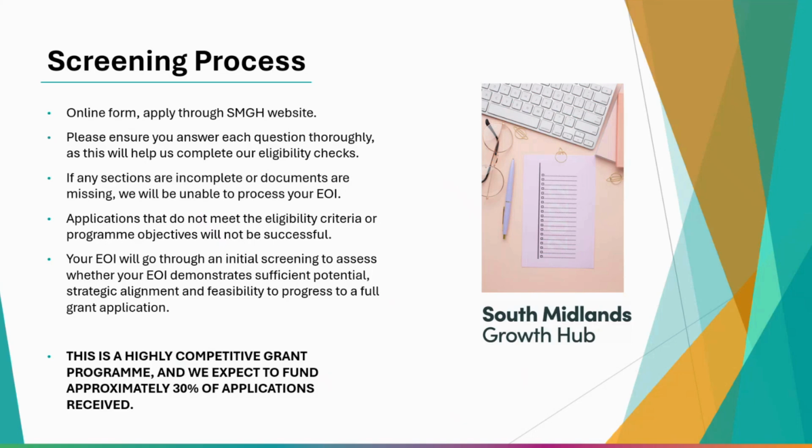Any applications that do not meet the eligibility criteria or program objectives will not be successful, and your EOI will go through initial screening to assess whether your EOI demonstrates sufficient potential, strategic alignment, and feasibility to progress to full application stage. Just to say, this is a highly competitive grant program, and we expect to fund about 30% of projects through this process.